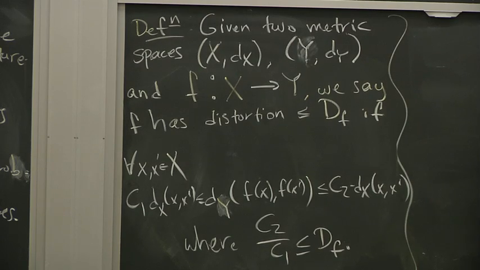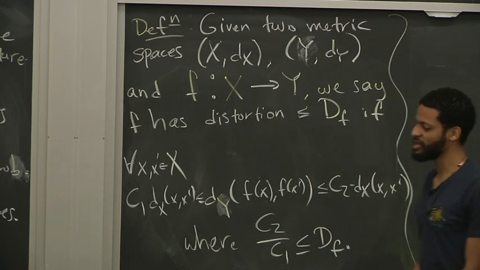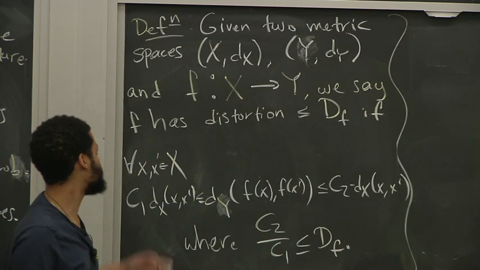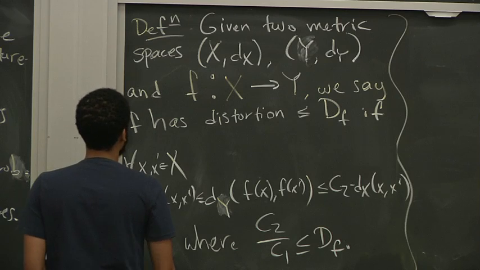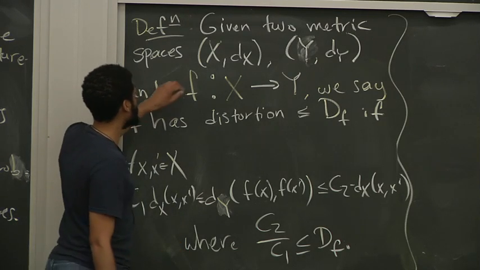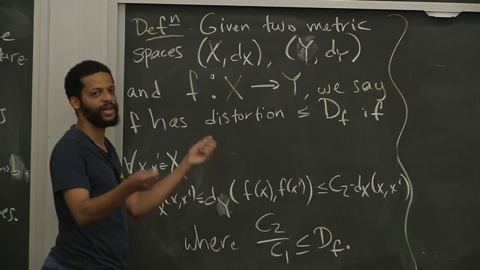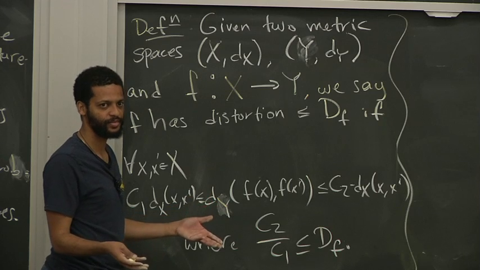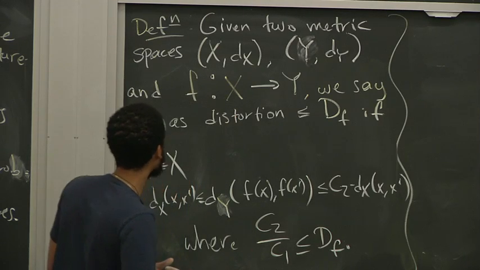So for the rest of this class, when we talk about dimensionality reduction, we're going to focus mostly on normed vector spaces. So the distance between two vectors x and y is the norm of x minus y for some norm, an L_p norm or whatever other norm. Okay, good.